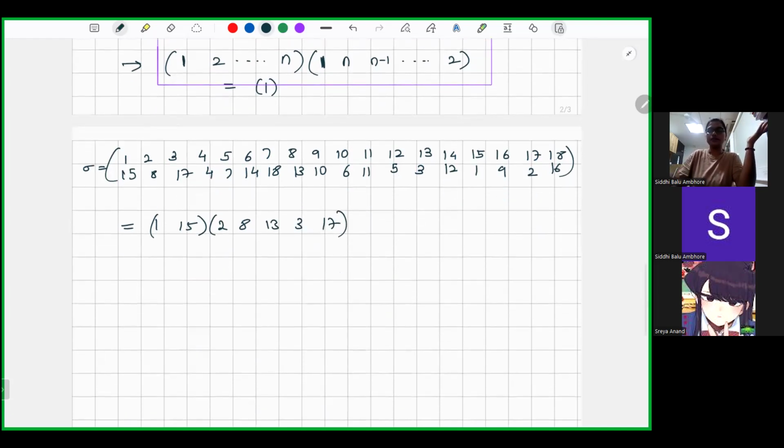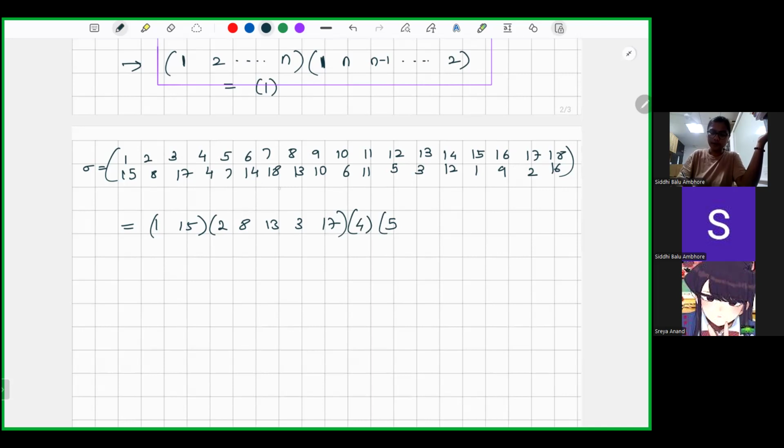So that cycle is done, because now everything will repeat. For example, now this 17 is going to 2, now 2 is again going to 8, 13, and the cycle continues. And now next is 3. 3 is done. 4, yeah. So 4 is mapped to 4 itself.